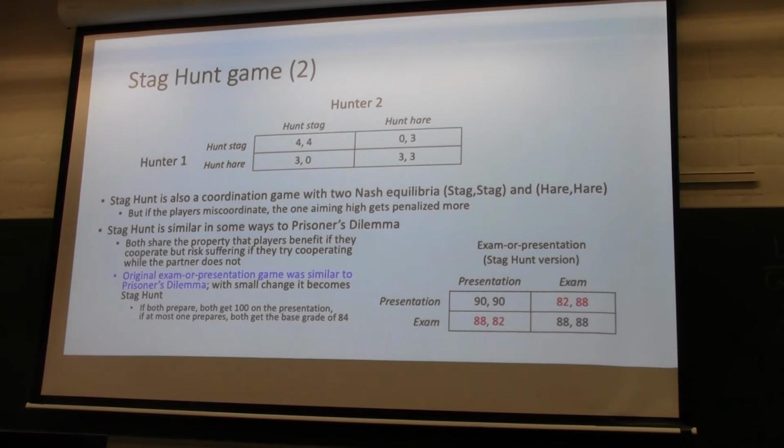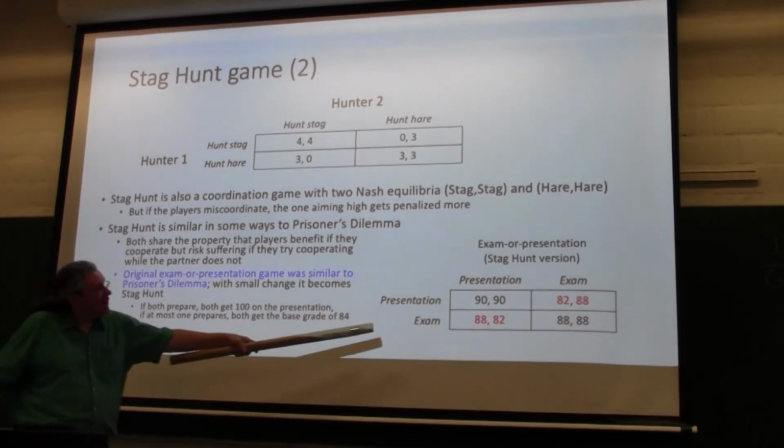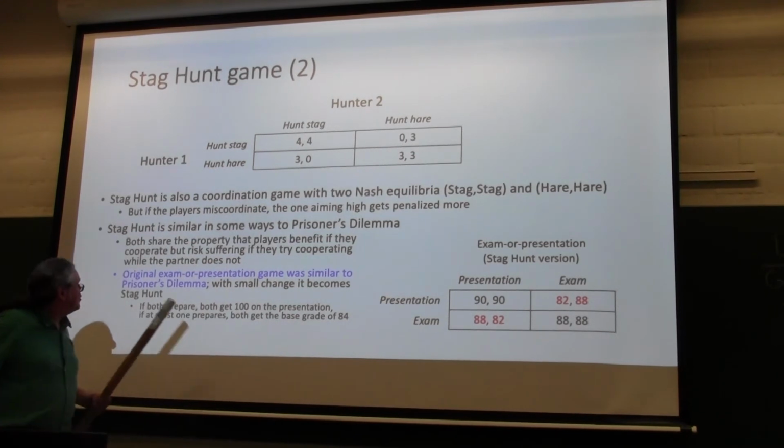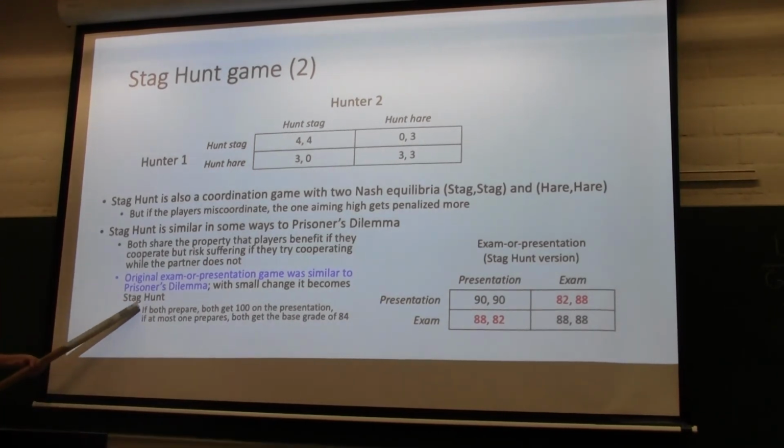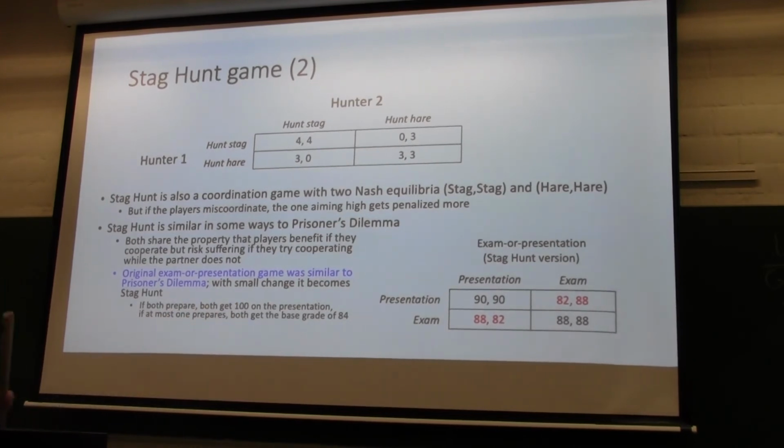Now the exam or presentation game, which we introduced in the beginning, can be tweaked. You can turn it into a Stag Hunt, like this. If you change the rules a little bit, both get 100 on the presentation.